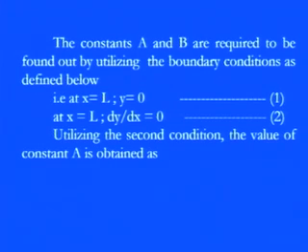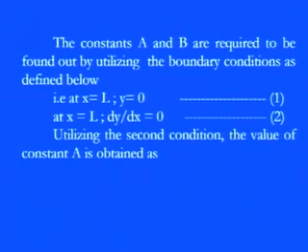So, at x equals L, we can keep both conditions to get the values of A and B. In the slope equation dy by dx, at x equals L, dy by dx equals 0, and in the deflection equation, at x equals L, y equals 0.